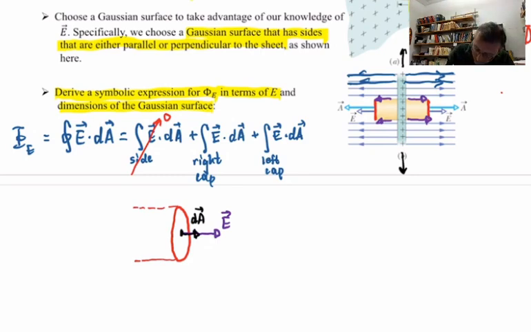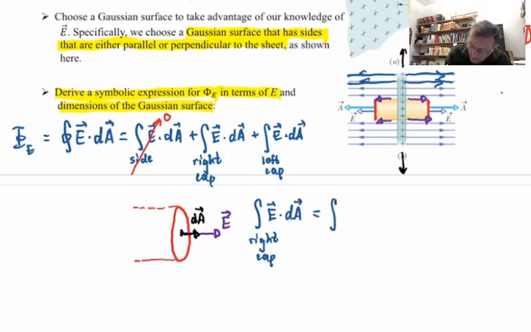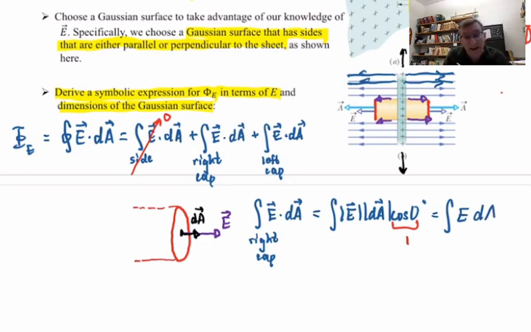And so we're going to integrate over this right cap E dot dA. But look, the E and the dA are pointing in the same direction. So that's magnitude E, magnitude dA, cosine of 0 degrees. And the cosine of 0 degrees is 1. So now this is magnitude E times magnitude dA. I'm just going to use now the symbol E for magnitude and dA for that magnitude.